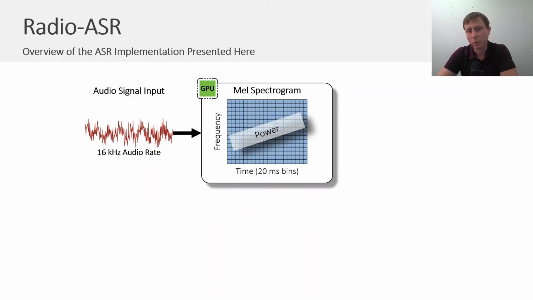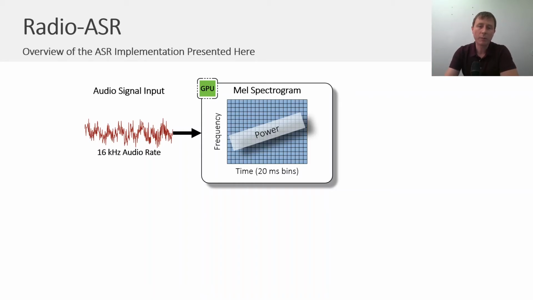So it's based more on the human ear resolution. And so it ends up being kind of like a log scale. So we go through the mel spectrogram where we have frequency versus time. Each time bin is 20 milliseconds for this algorithm, and then the z-axis is power.